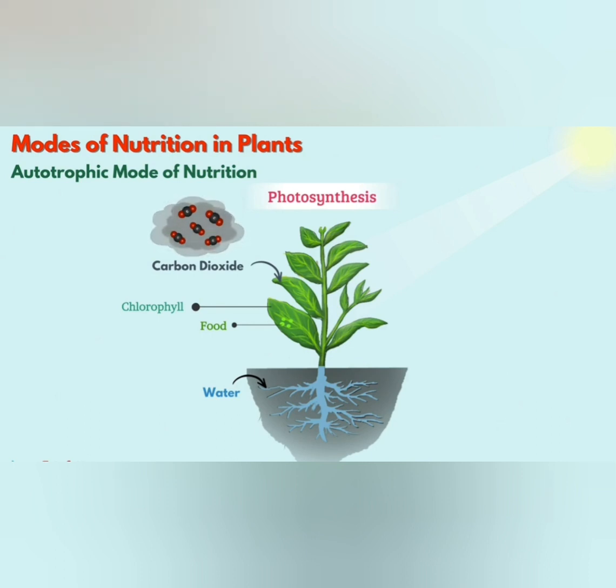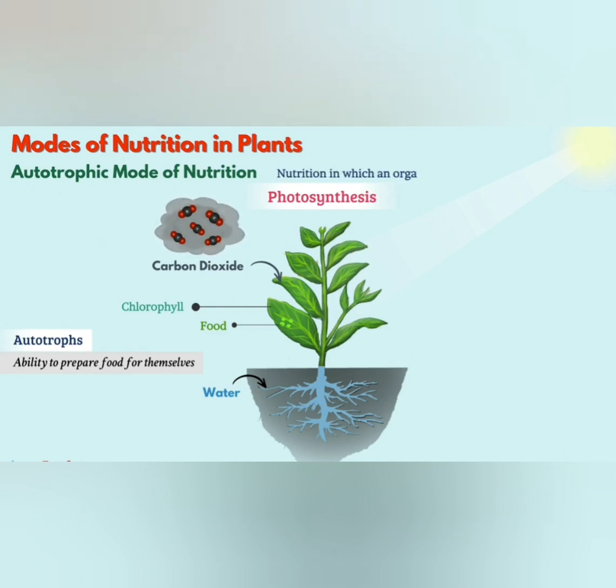So children, here you can see that the green plants are capable of making their own food. Plants are able to make food for themselves, and that is why the plants are known as autotrophs. Auto means self, trophs means nourishment.